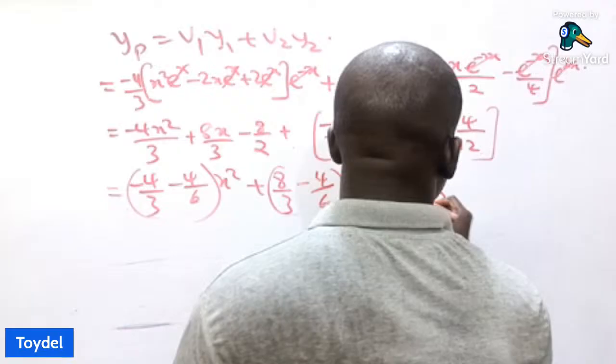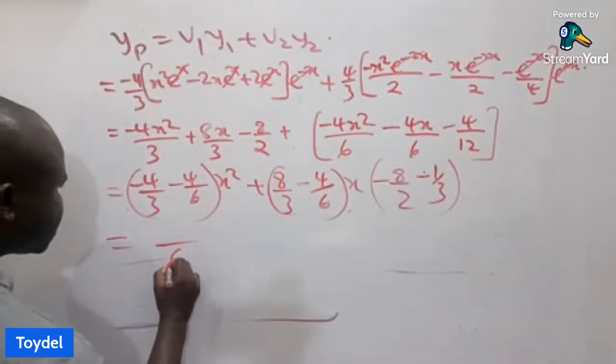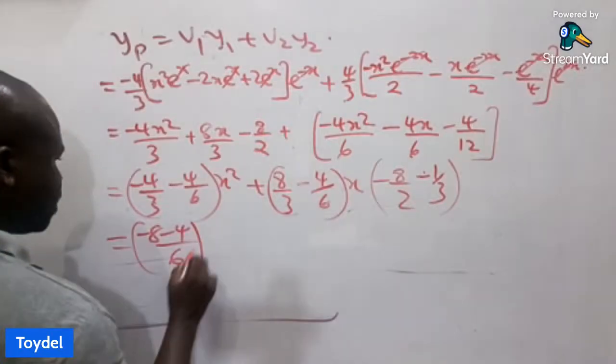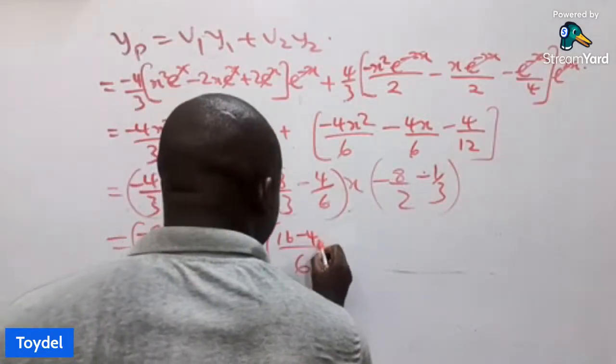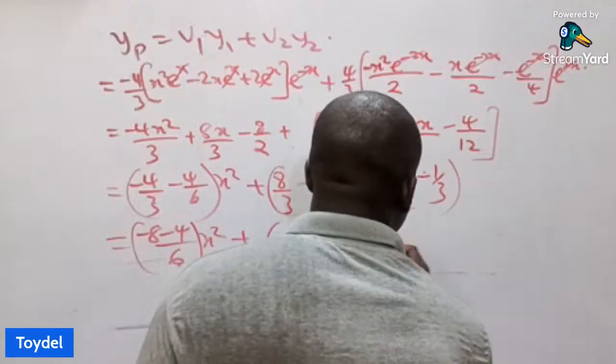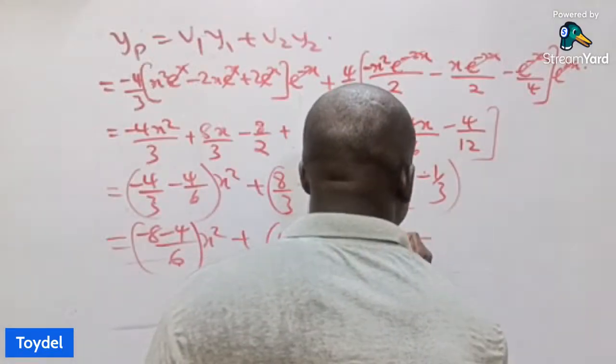So at the end of the day, if I find the LCM, here is 6, 2. That's minus 8 minus 4, everything into bracket x squared. Plus here the LCM is 6, 3 here. That's 16 minus 4 into bracket x. Then here I'm going to get minus, the LCM here is 6, 2 here, 3 times minus 18. Minus 18 minus 3.